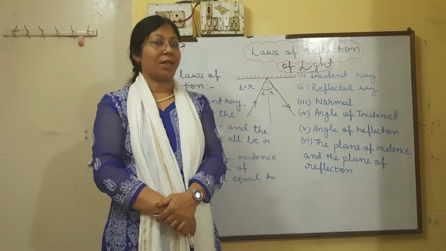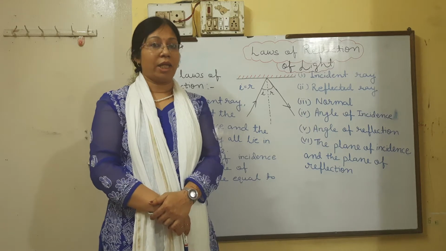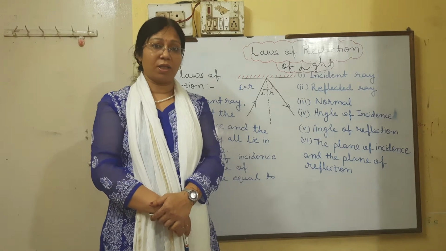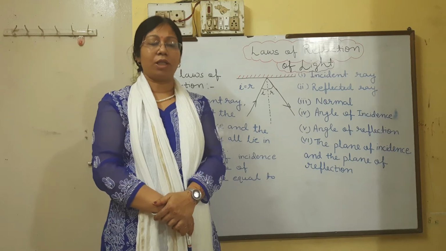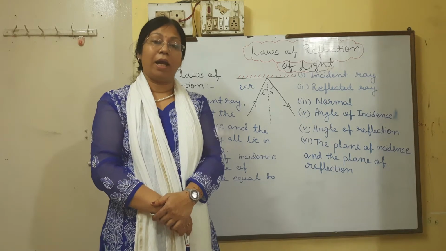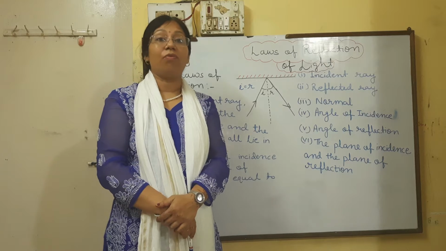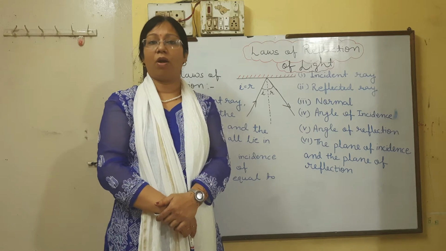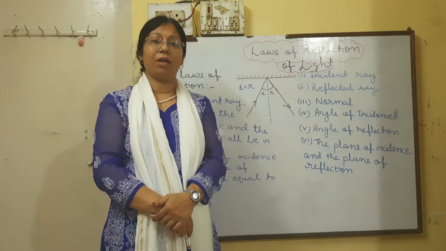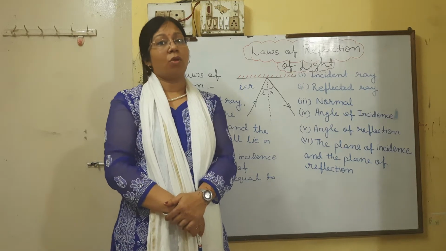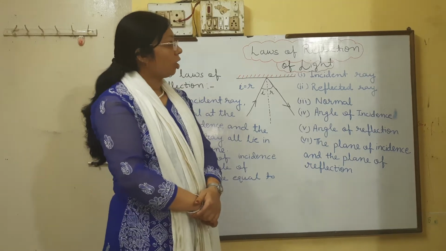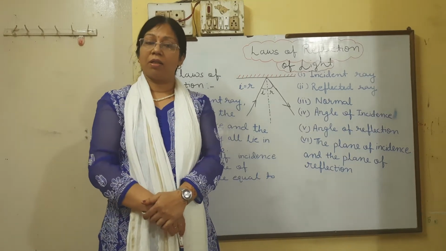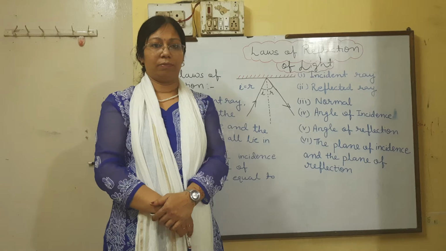But when the reflection of light takes place from a rough surface, it does not follow the rule, it is not in an orderly manner, and it is known as diffused reflection, and it does not put a glaring effect on our eyes. So today we are studying the laws of reflection of light from the mirror.